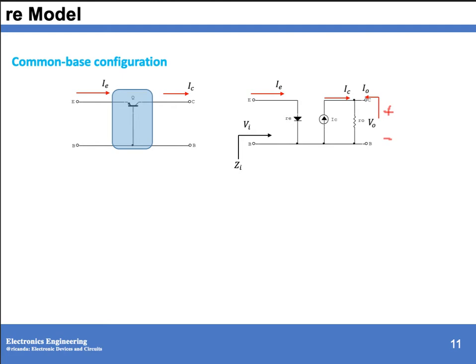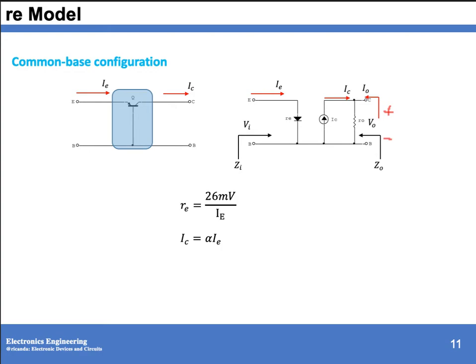So if we have to get your internal resistance r_e, as you can recall in our PN junction, that r_e is equivalent to 26 millivolts over I_E. Your output impedance is at your output terminal. Then your I_C is equivalent to your alpha I_E.